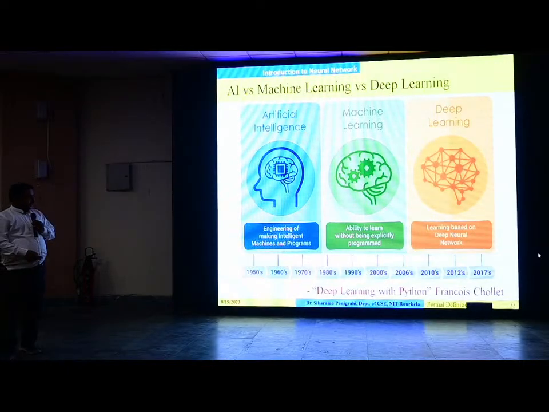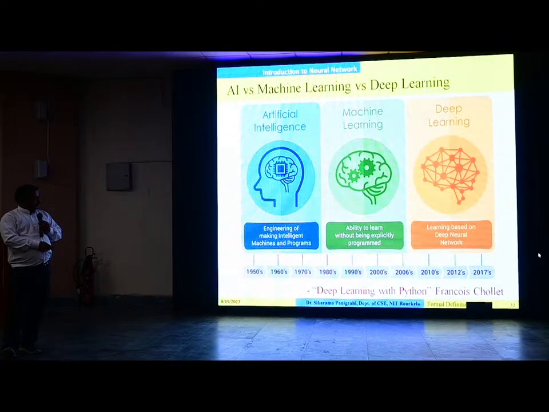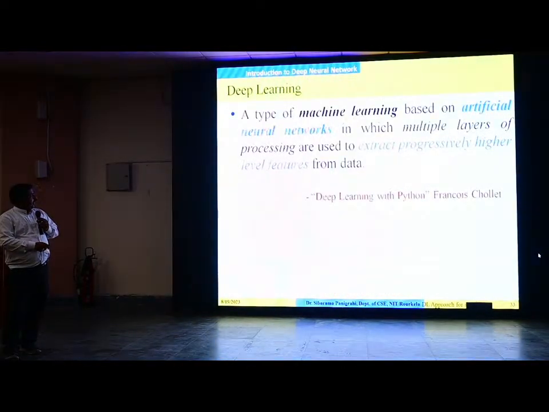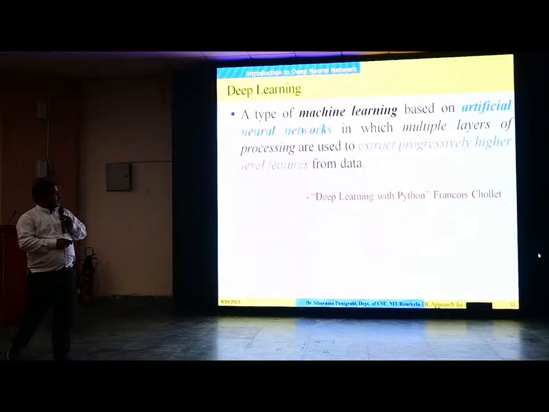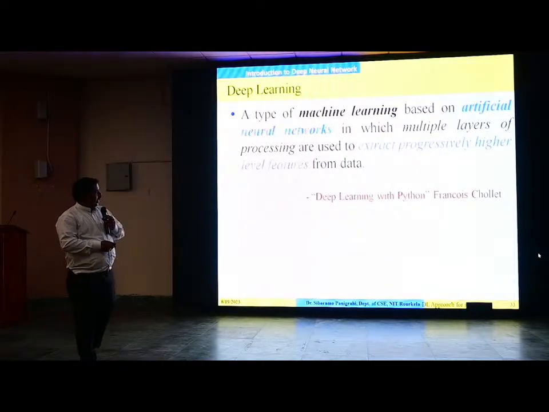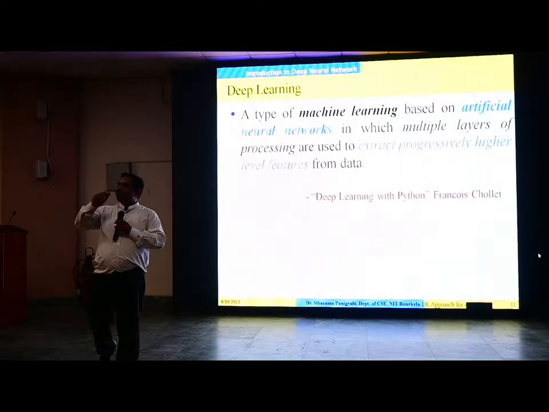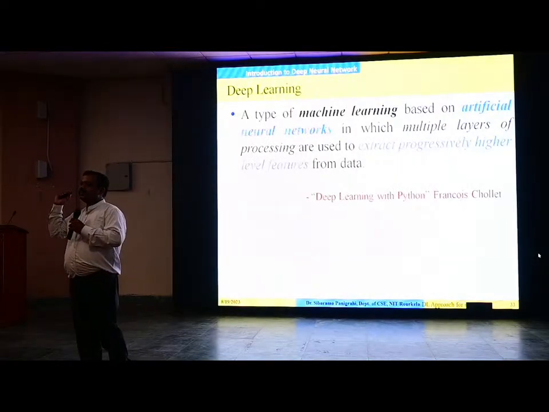Before going through deep learning, let me go through the formal definition of deep learning. A type of machine learning based on artificial neural networks in which multiple layers of processing are used. So deep learning is based on what? Neural networks, right? Which is a type of machine learning.